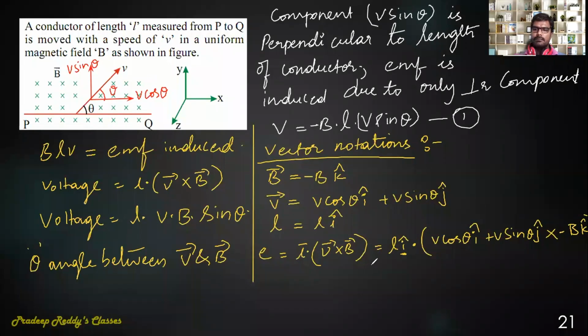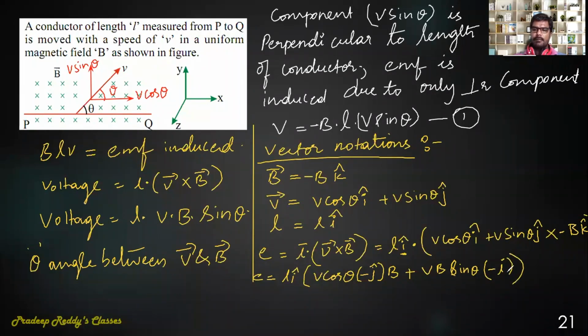Sorry, dot product I dot I is equal to 1 and I dot J will be equal to 0. So this can be simply written as E equal to L into I cap dot V cos theta into I cross K, which is equal to J, and that will be minus J cap into B, plus V B into sin theta into J cross K, which is equal to minus I, because already it is minus K over there.